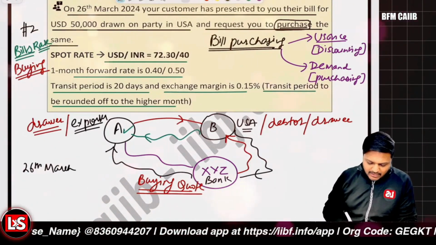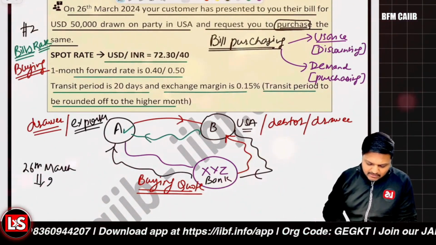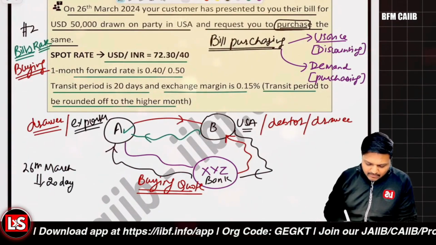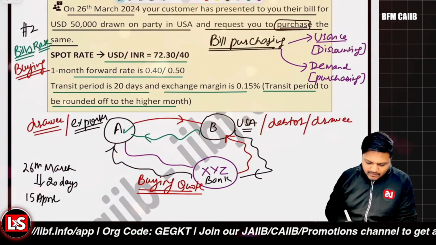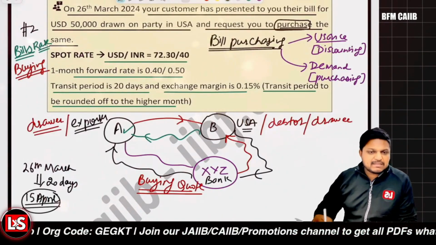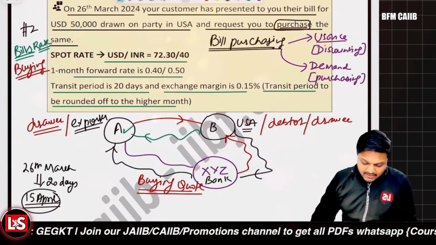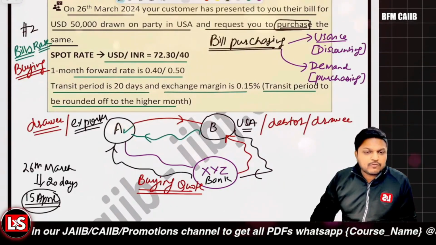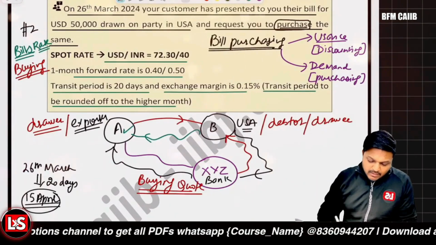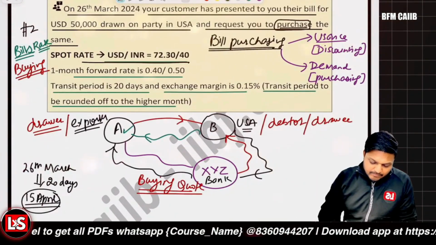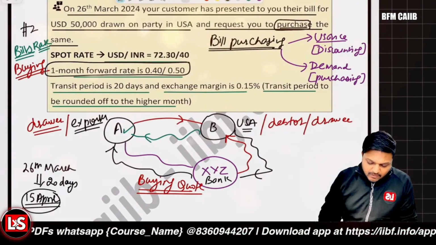And after 20 days, the date would be 15th of April, which is basically the next month. And they say that the transit period is to be rounded off to the higher month, right? That's why we have to consider the 1 month forward rate here.